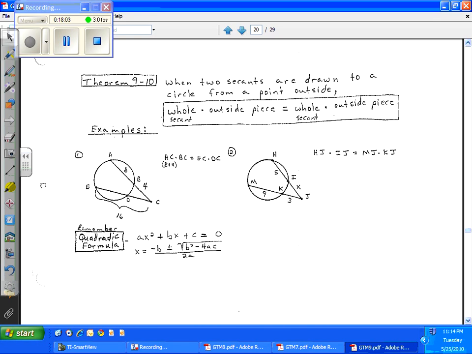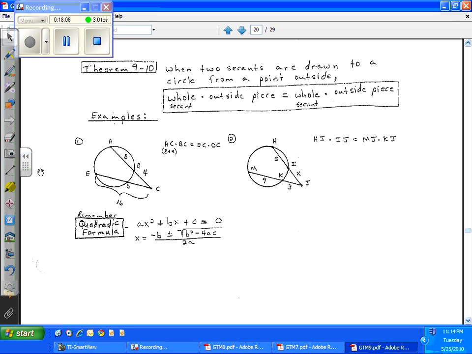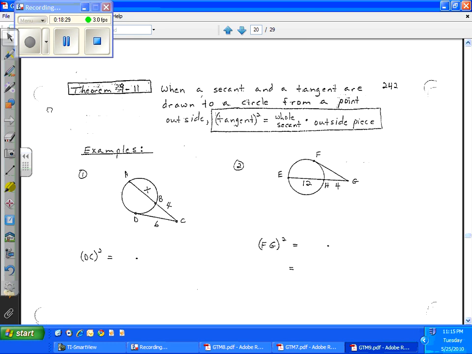Theorem 9-10: when two secants are drawn to a circle from a point outside a circle, then one whole secant times its outside piece is equal to the other whole secant times its outside piece. The fancy way to say that is the product of one secant and its external segment is equal to the product of the other secant and its external segment.